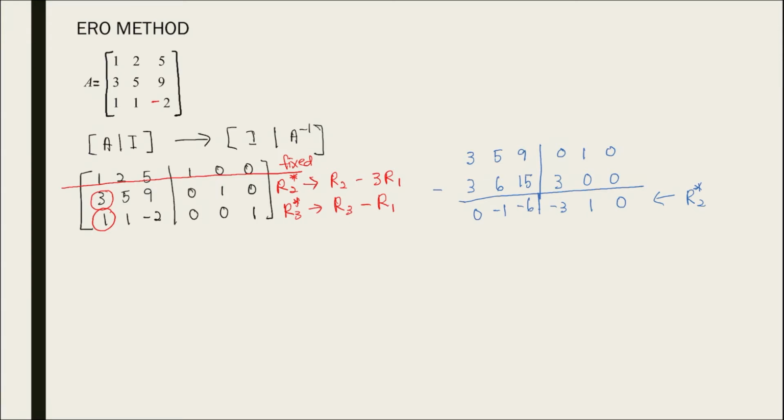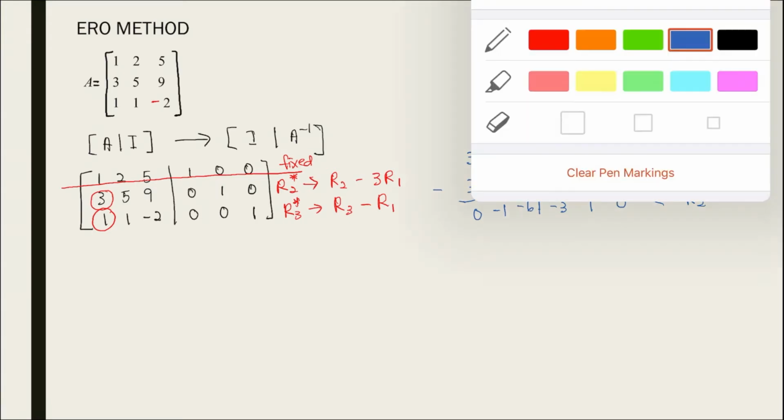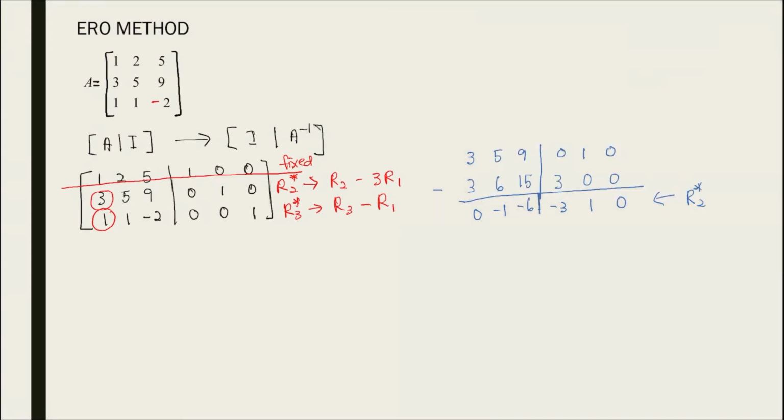So how about row 3, new? Right. So we are going to write back row 1 because that is fixed and nothing changed. So what is your row 2 new? 0, negative 1, negative 6, negative 3, 1, 0.